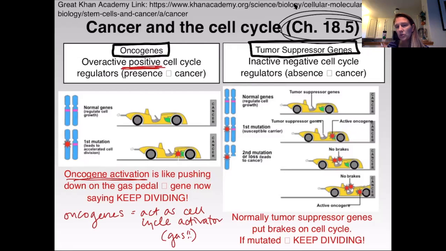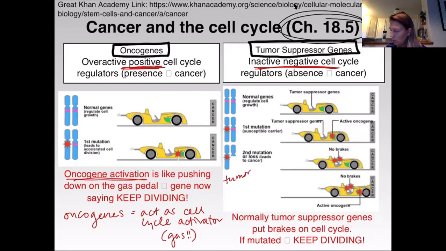Tumor suppressor genes are the opposite. They are inactive negative cell cycle regulators. What that means is that these proteins normally stop the cell cycle, but there's been a mutation that prevents that. So normally they put on a brake. If they're mutated, the cell keeps going, right?